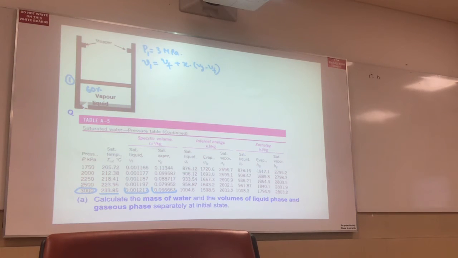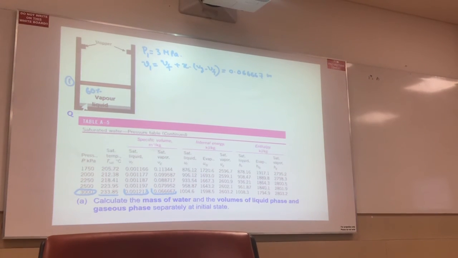So you can substitute the value and finally I get the answer, V1 is 0.06667 meter cube per kilogram. I substitute the value here. At 3 megapascal, which is 3000 kilopascal, oh, this is the Vg.